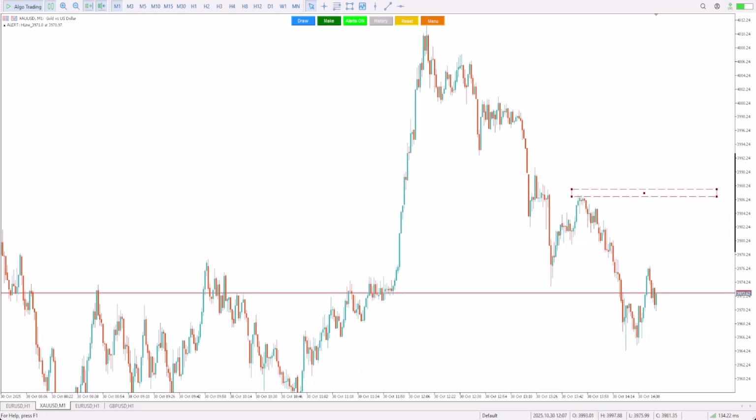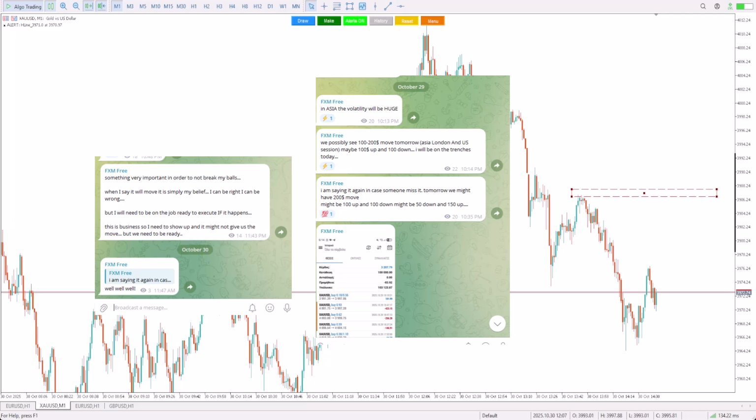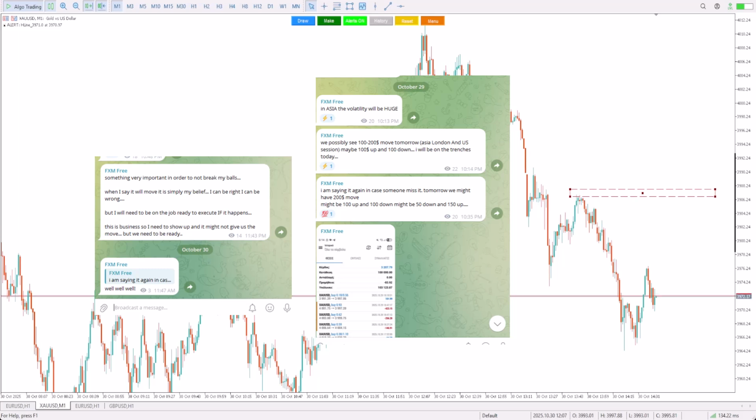And I said yesterday on Asia, though I sent that at 10 o'clock at night, that in Asia the volatility will be huge. We possibly see a $100 to $200 move tomorrow. Asia, London, and US session, maybe $100 up and $100 down.